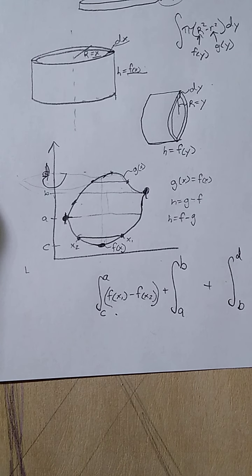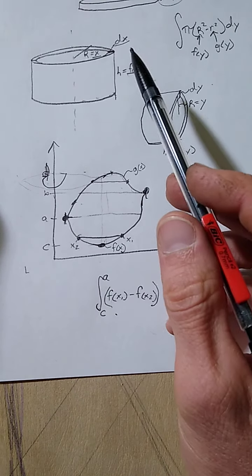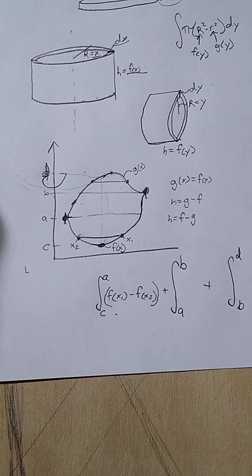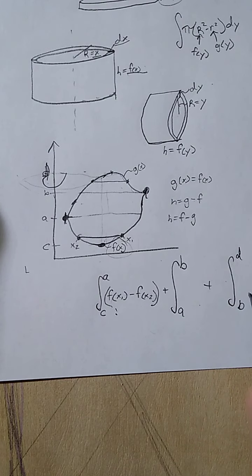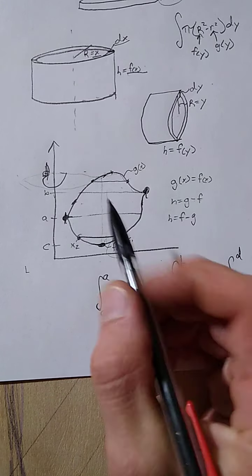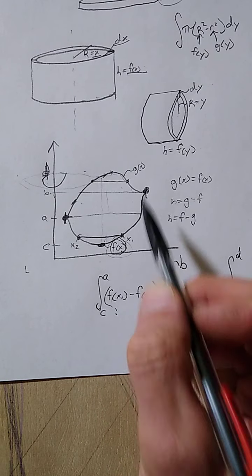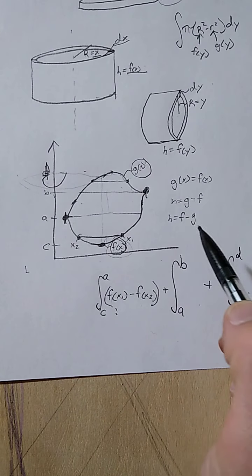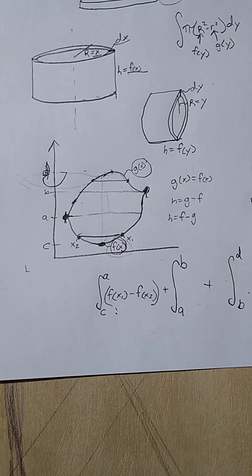So if I want to do this with washers, I certainly can. I could just rewrite these functions as inverses, but then I have to do 3 different integrals, and that doesn't make it easier. So for this type of problem, especially since they gave me the functions in terms of x, I want to do this one such that my integral ends up dx.